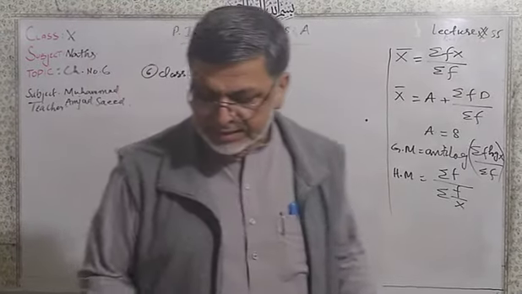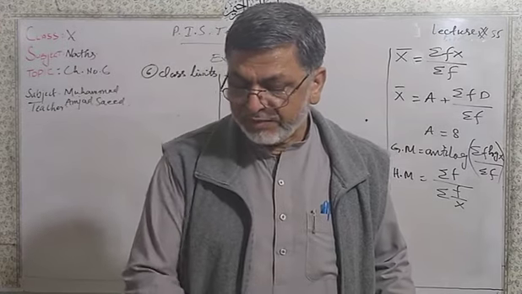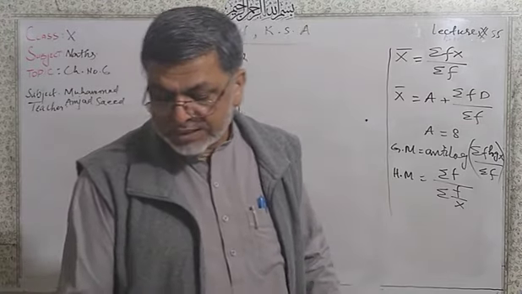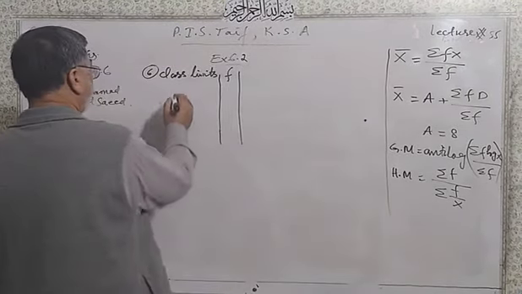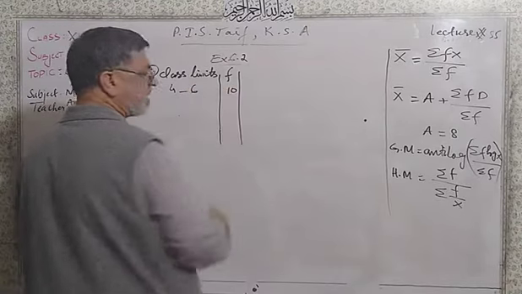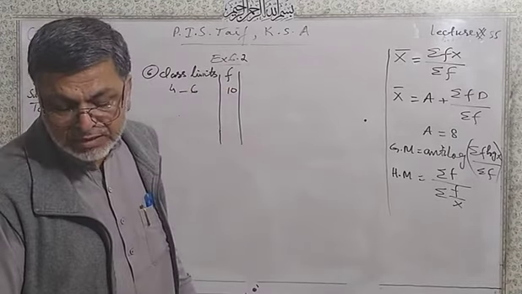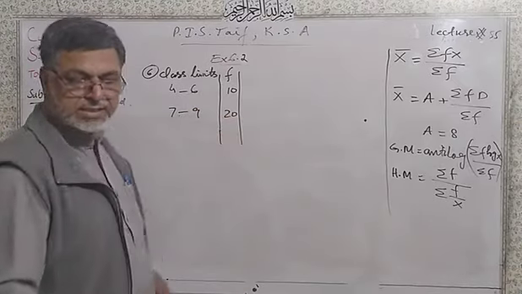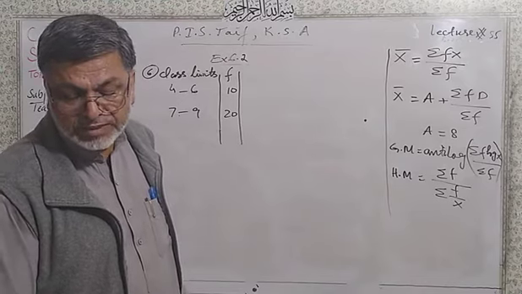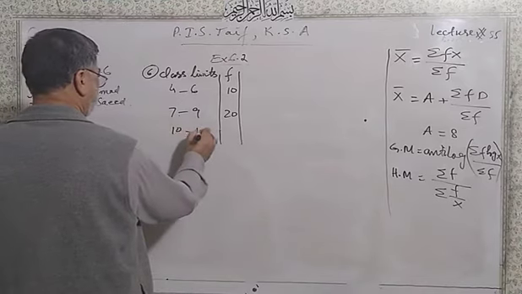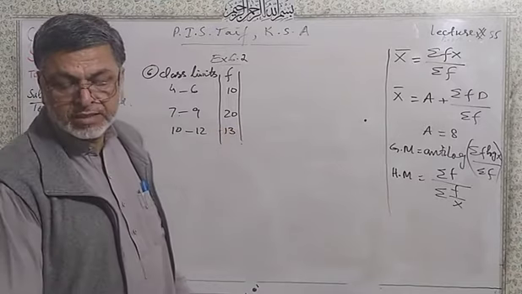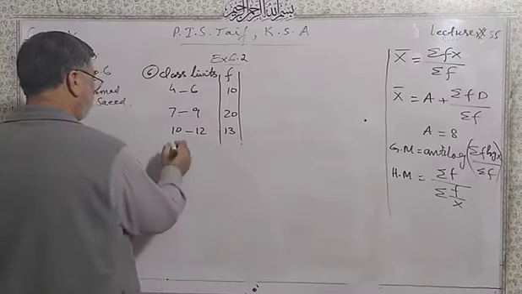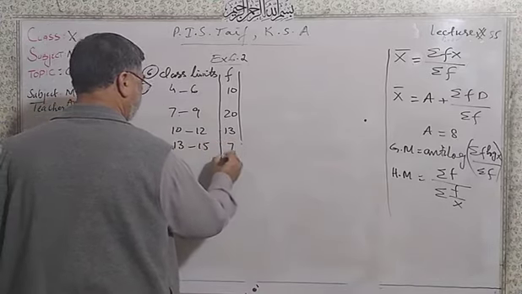So class interval is 4 to 6, frequency is 10, 7 to 9, 20, 10 to 12, 13, and 13 to 15 is 7.